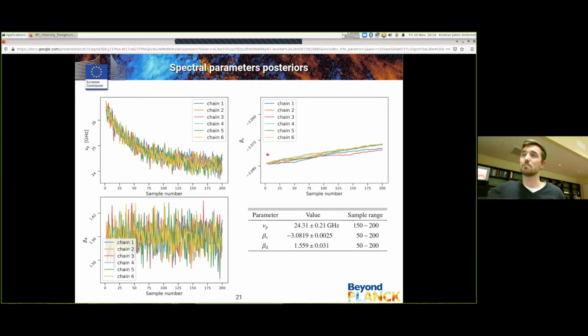Another thing is that we believe there might be a strong correlation with a free-free component, where we have a constant electron temperature that we don't marginalize over.